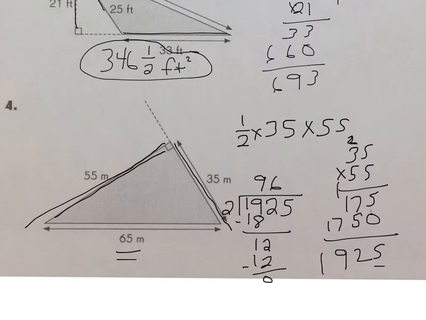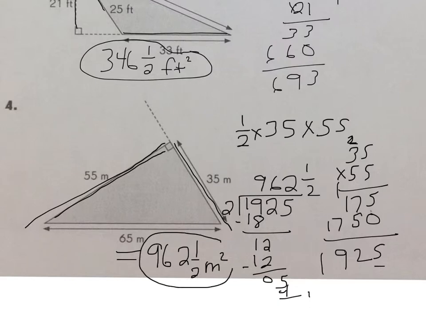That equals 0. Bring down my 5. And it goes in there 2 times, that's 4. Leaves me with 1. I do the 1/2. So it's 962 1/2 meters squared. And there's my area of that triangle.